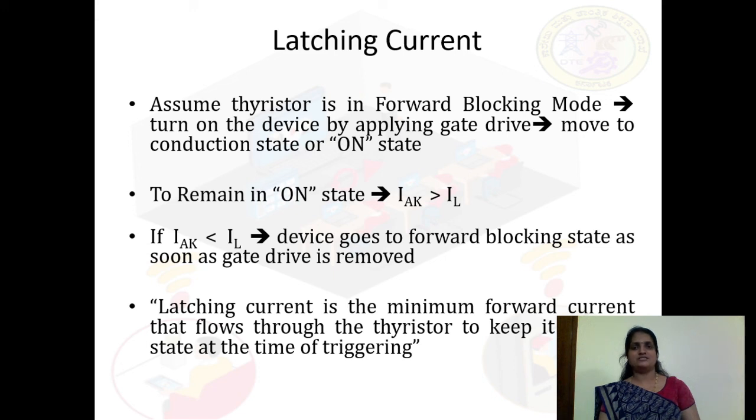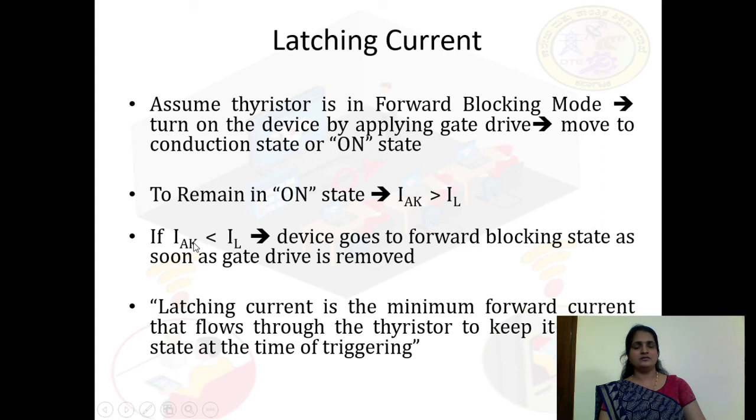Coming to the latching current explanation, if we assume the thyristor is in the forward blocking mode and we turn on the device by applying the gate drive, then it will move to the conduction state or the on state. To remain in the on state, the condition is that IAK, the current between the anode and the cathode terminal, should be greater than the load current.